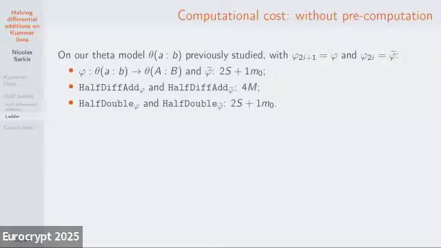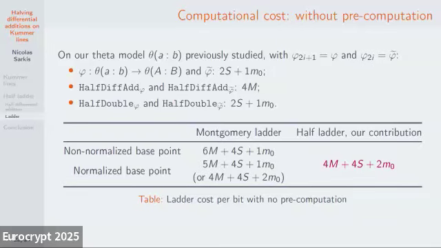Then you need to perform 1 half differential addition, it's 4 multiplications, and finally 1 half doubling, which is an image by phi or phi tilde, so it's again 2 squares plus 1 M0. And if you add all of these, you end with 4 multiplications, 4 squares, and 2 M0, which is always the best case scenario of Montgomery, the basic Montgomery ladder, where Montgomery ladder depends on the coordinates of your base point, if it has small coordinates, if it has normalized coordinates. Here, we don't have this assumption, and we are always in this best case.